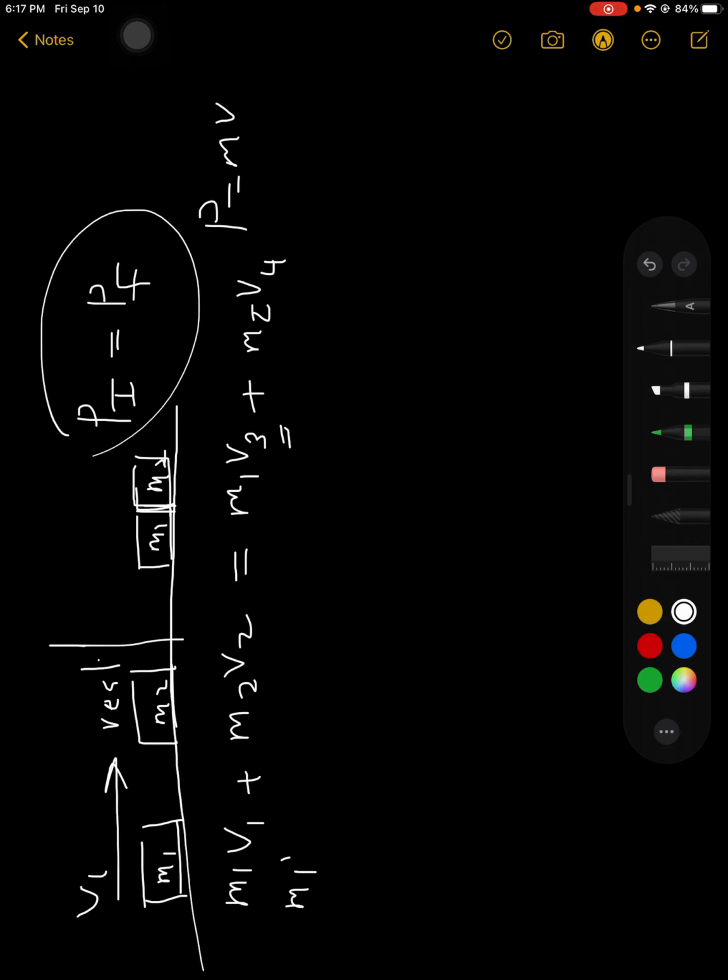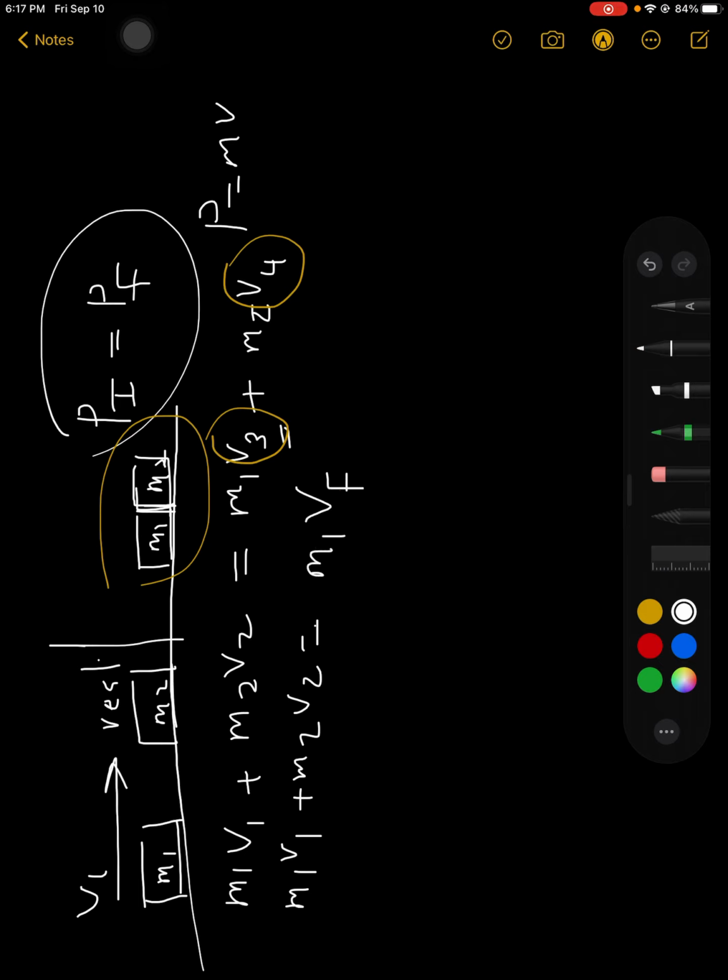So m1 v1 plus m2 v2 equals, here as you see, the two blocks are sticky and moving together. For that, they are going to have the same velocity, so we can give them the same symbol because they are the same. So m1, for example, vf for the final velocity, plus m2 vf also.